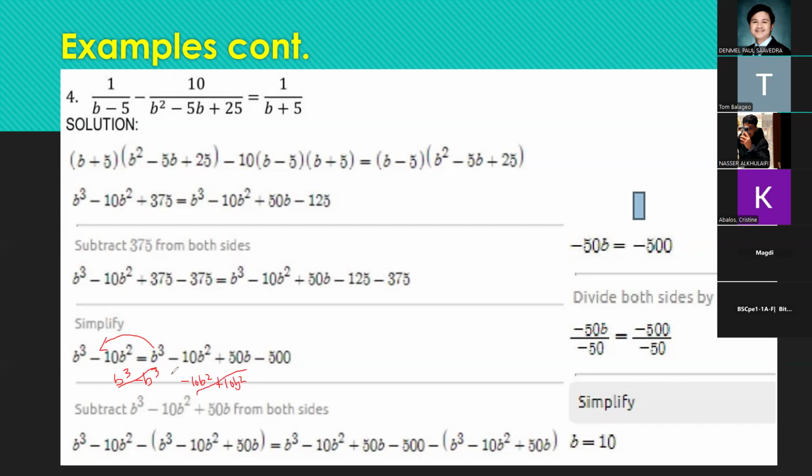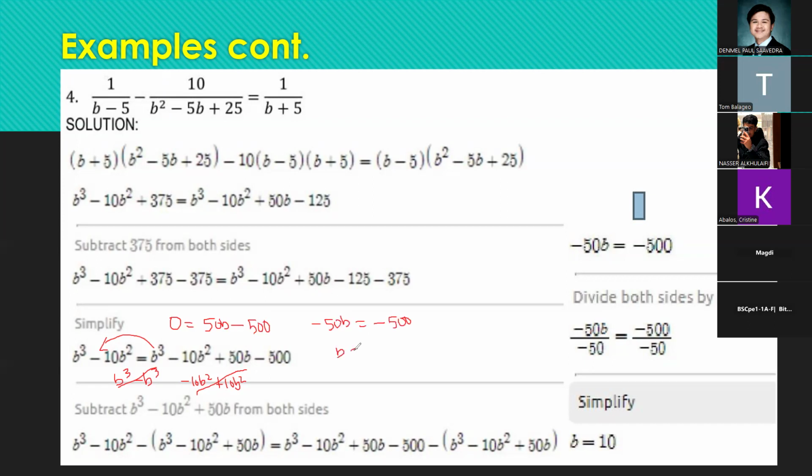Okay? So anong natira dito sa kabila? Nothing. 0, tama? Yes, sir. It's now equals to 50b minus 500, sir. Okay? So we only need the b, so we transfer this one on the other side, making it negative 50b is equals to negative 500.